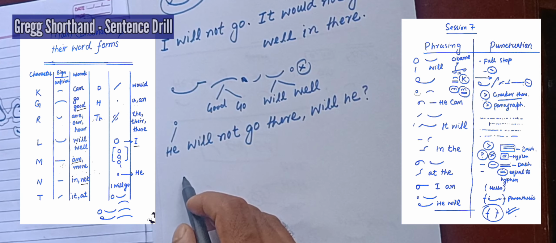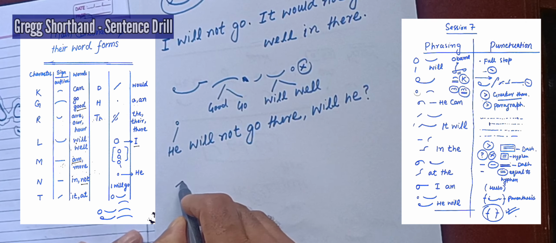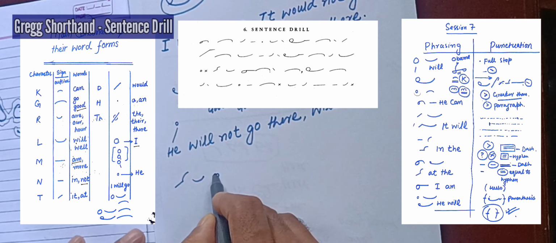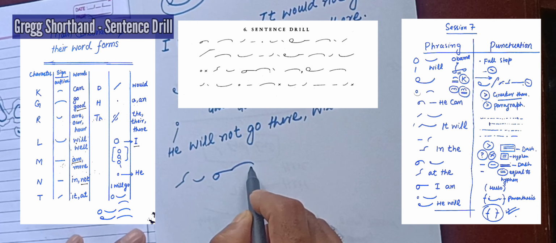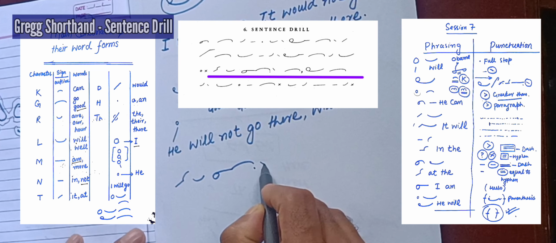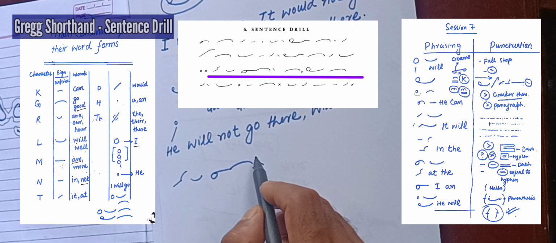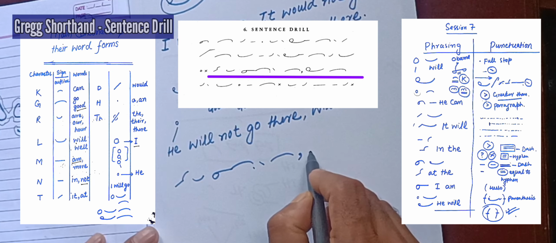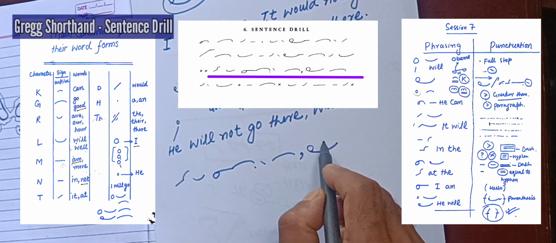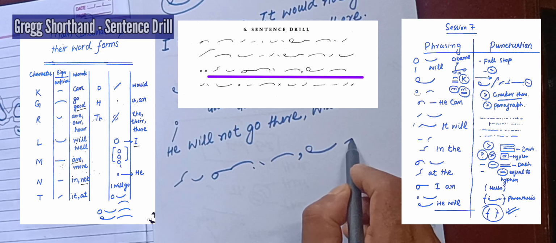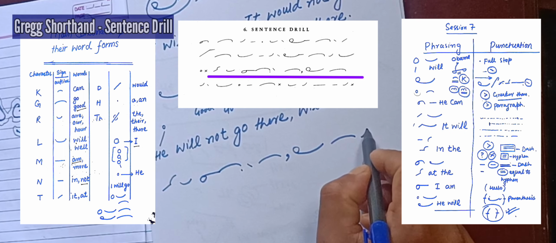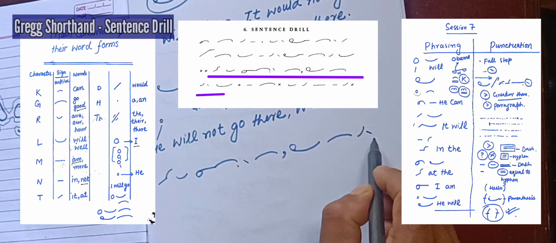Going forward, what do we have? We have this, and we have this. Then we have punctuation mark, that's period, and we have like this, this thing, and we have this, and then this is period again.